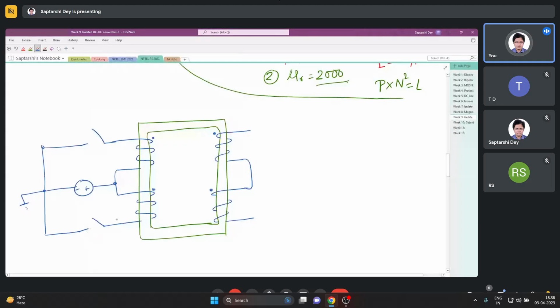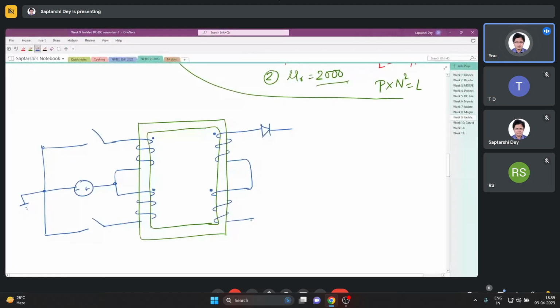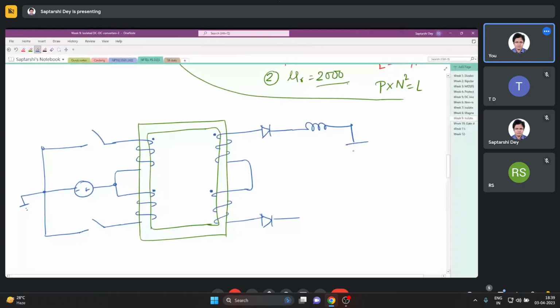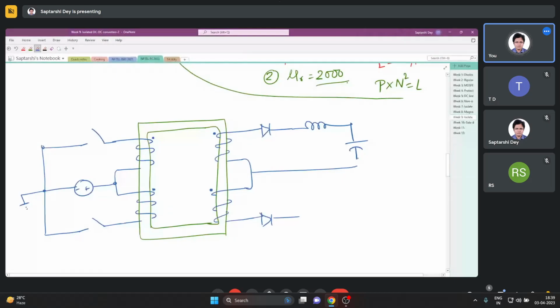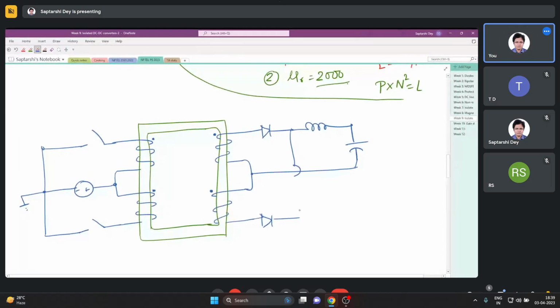And this is a real transformer. Real transformer means it has a finite magnetizing inductance and it does store energy in its core. Now we will not need the secondary for the explanation, but I will still draw it for the sake of completion of the circuit, like this. Right. So how is it operated?